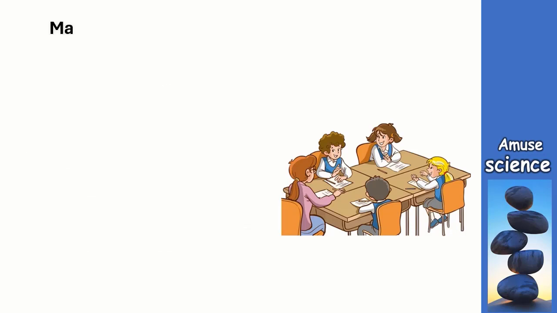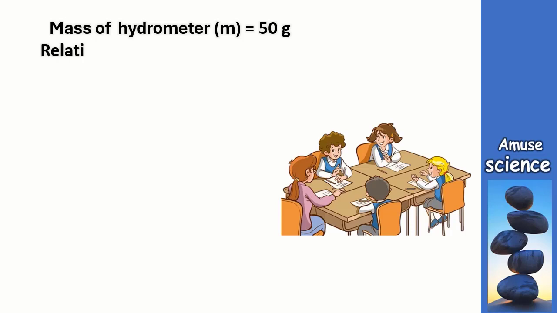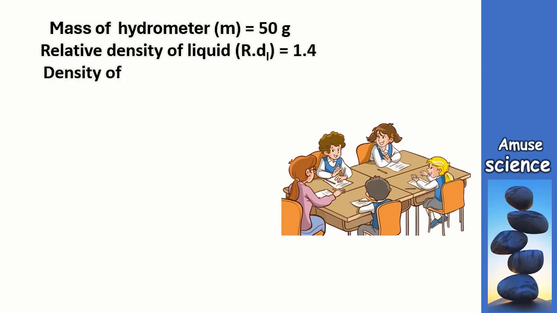We have been given that the mass of the hydrometer, which we are representing by M, is equal to 50 grams. The relative density of the liquid, which we are representing by RDL, is 1.4. And the density of water, which we are representing by rho W, is equal to 1.0 grams per cubic centimeters.